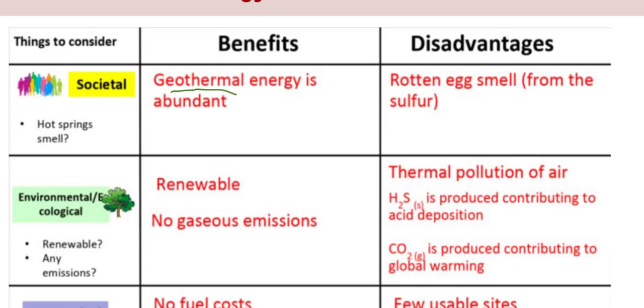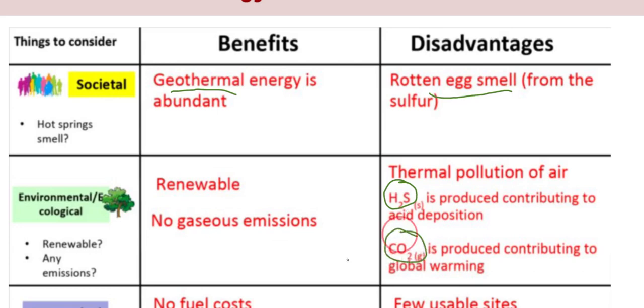The disadvantage is if you're near a hot spring or something, you've probably smelled that rotten egg smell. So you do get that hydrogen sulfide produced with a geothermal energy. It's basically released from the earth.